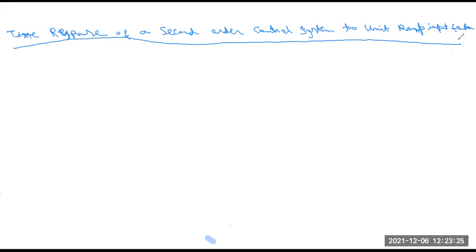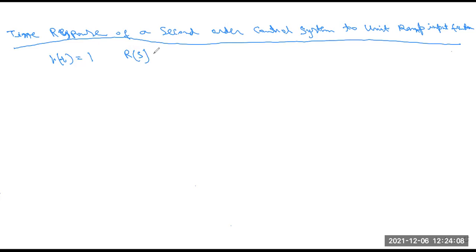So the input is the unit ramp input function. That means r(t) is equal to t.